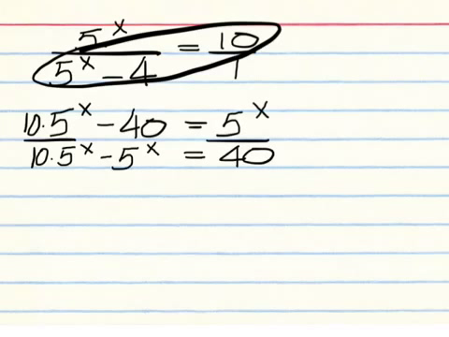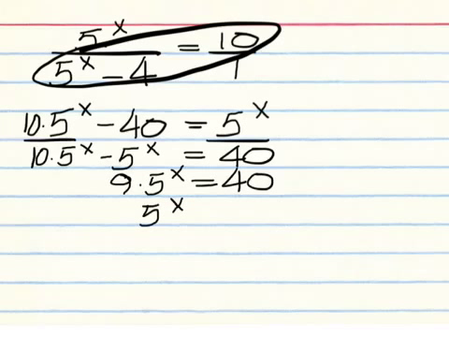So how many 5 to the x powers do I have? 9 of them. Now before I even get into the logarithm of both sides, I have to do what? Yeah, move the 9, so I'm left with 5 to the x power equals 40 divided by 9.